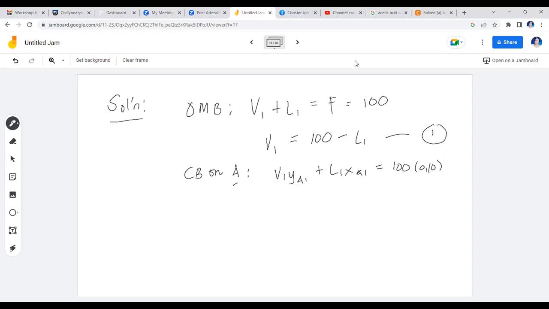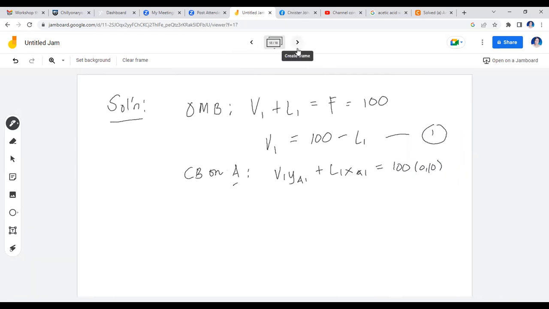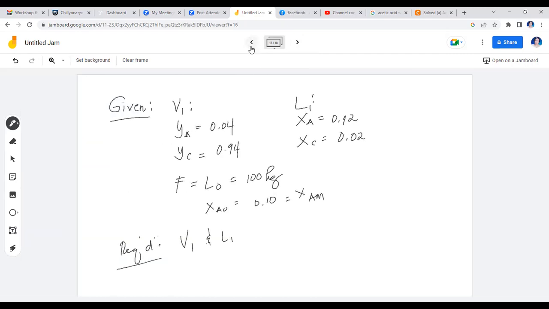That's our XAM or XA0, and we started with 100. I changed the given originally in the problem, which is 200. Then you substitute the values that you were given in the problem. So we have 100 minus L1 for V1, and your YA1 is this one, 0.04.